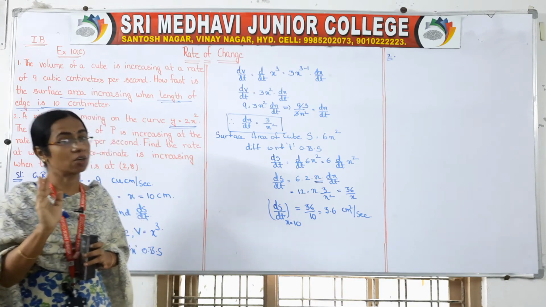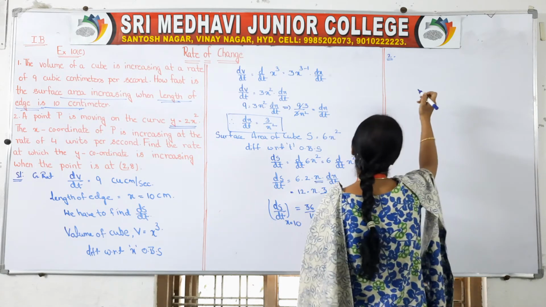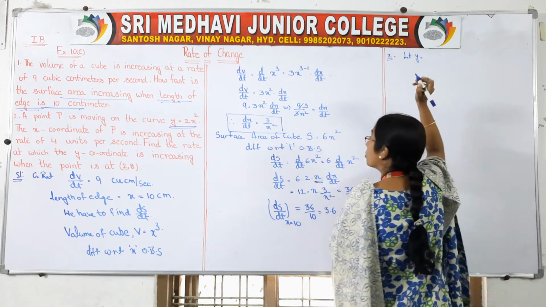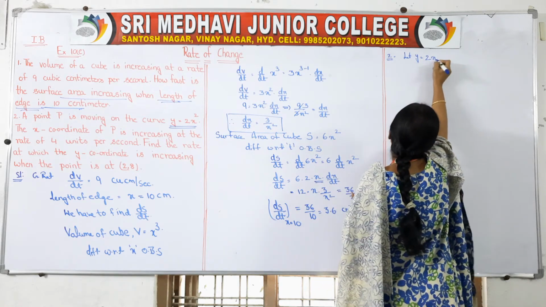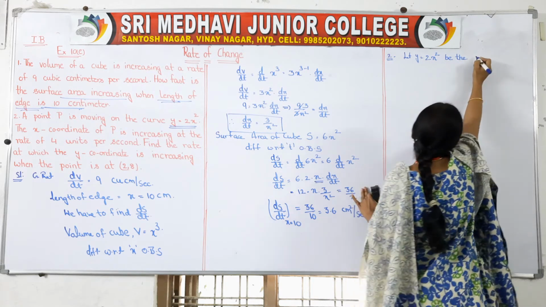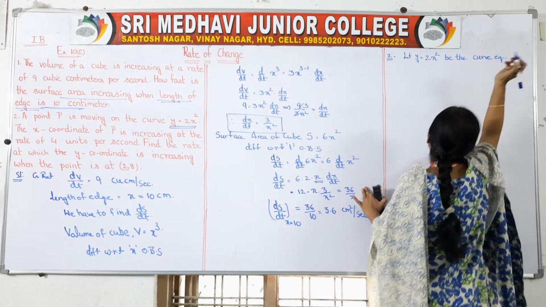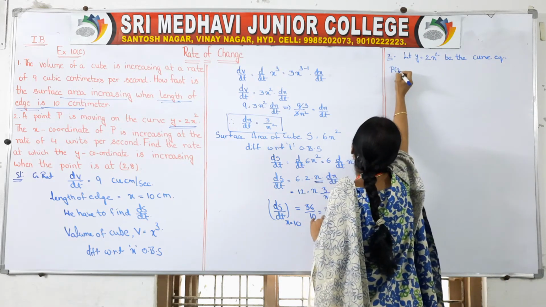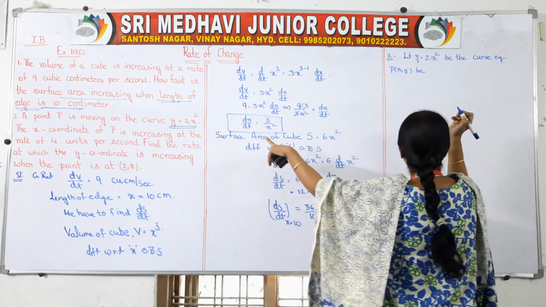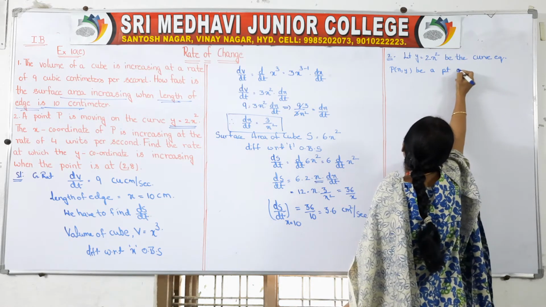That is the question. Okay, so first write what is the given information. Let y is equal to 2x square be the curve equation. Next, let P(x, y) be a point on it. A point P is moving on the curve, so P(x, y) is a point on it.